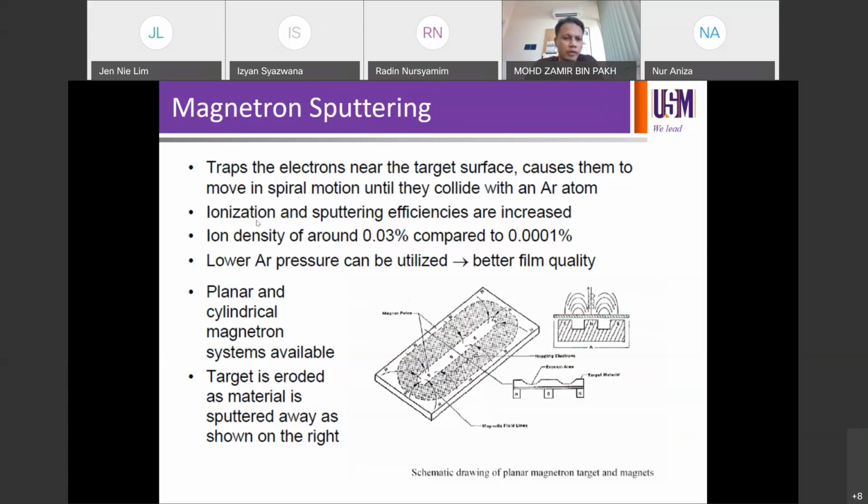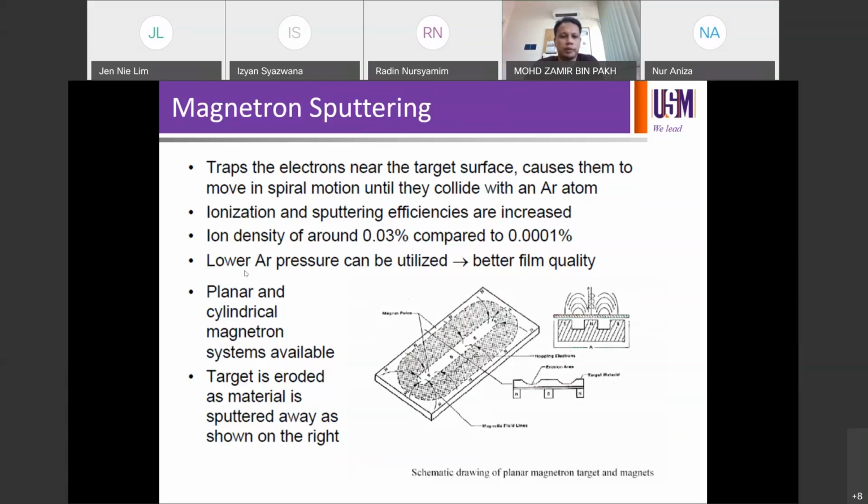Ionization and sputtering efficiencies are increased, with an ion density of around 0.03% compared to 0.01%. So this shows an increased percentage in comparison to a system without a magnetron.